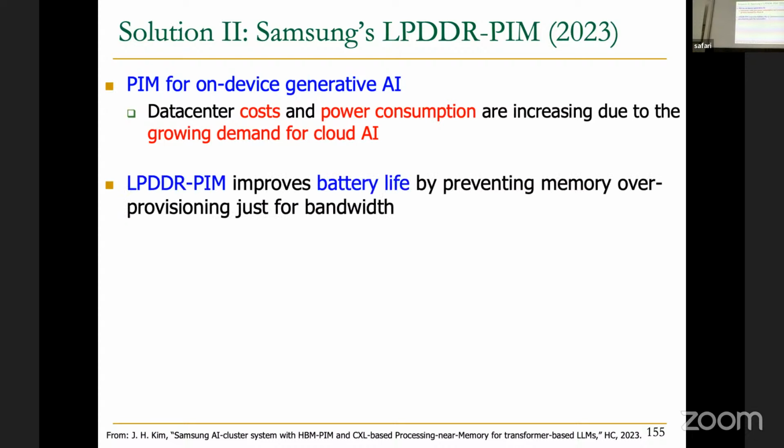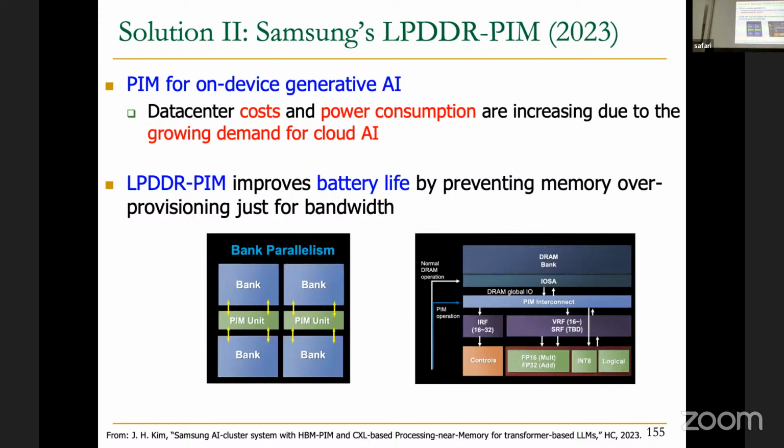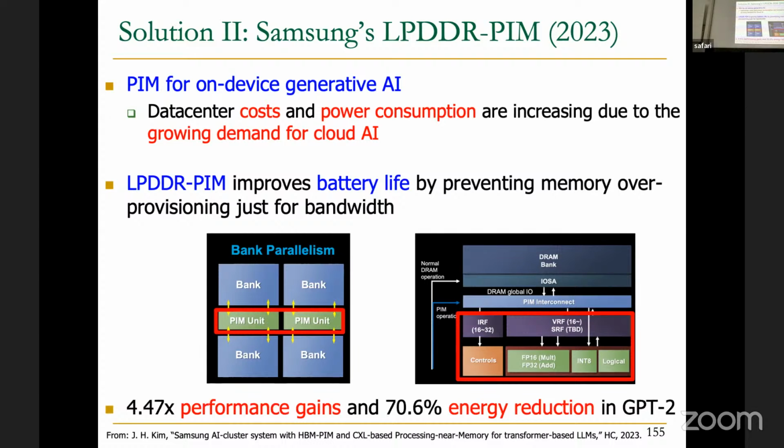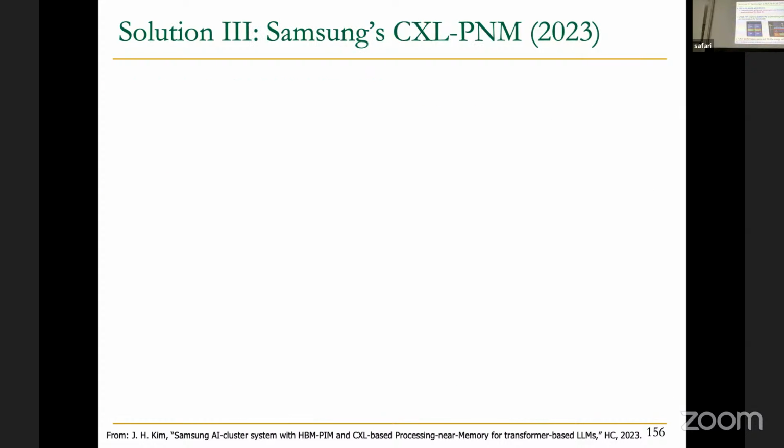But again, they are basically going to take these low power DDR memories and add the same SIMD engine that I mentioned before, the multiply and accumulate from the PIM DRAM architecture, inside this low power DRAM chip architecture. So you can see those units over here, and then again they accelerate GPT-2, and they see significant performance and energy gains compared to the baseline system.